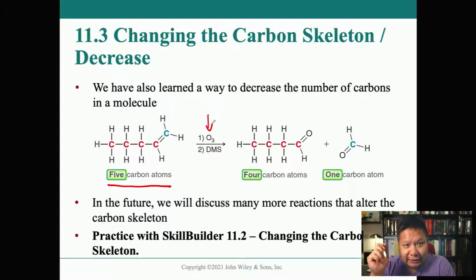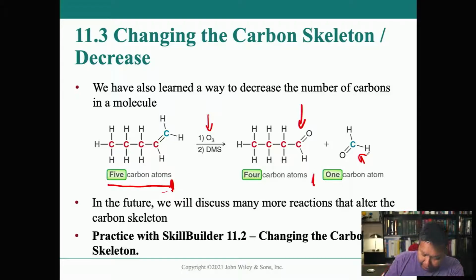We can use ozonolysis here along with some DMS, and we can go from 5 carbons to 4 carbons, because DMS and ozone will make you an aldehyde along with more aldehydes, and you've lost a carbon. In the future, we'll discuss many more reactions that alter the carbon skeleton. But for now, practice with Skill Builder 11.2, changing carbon skeletons.